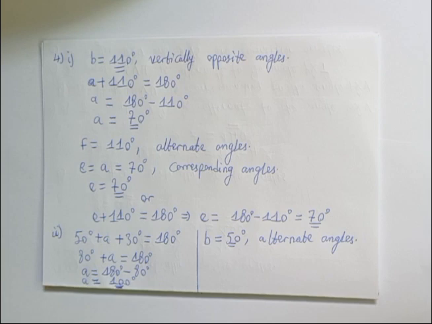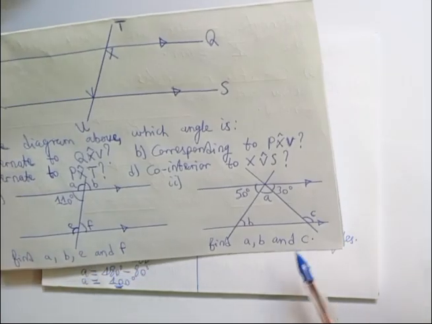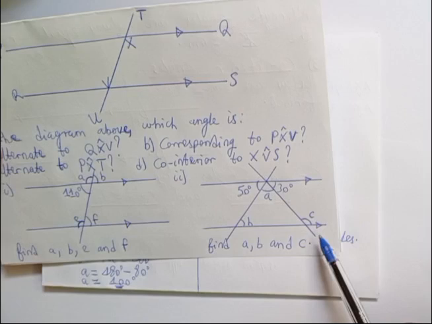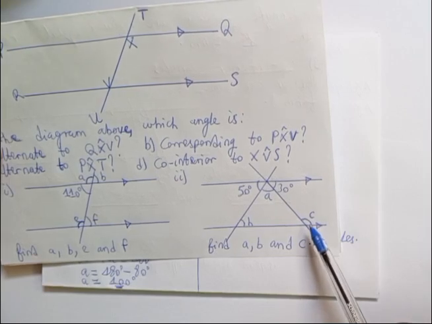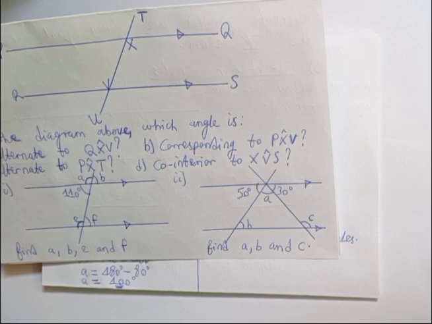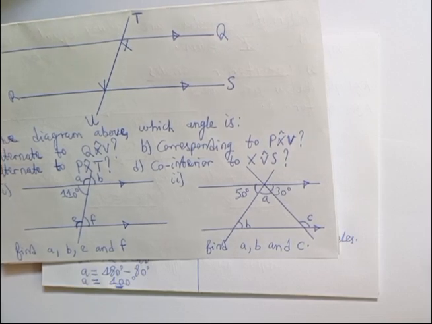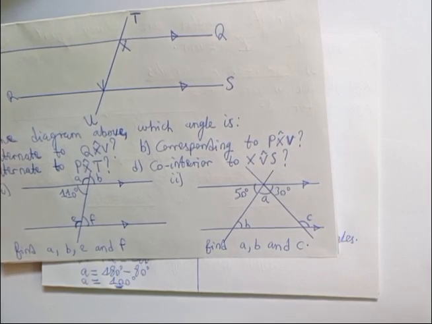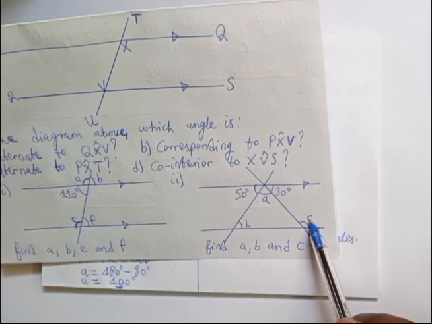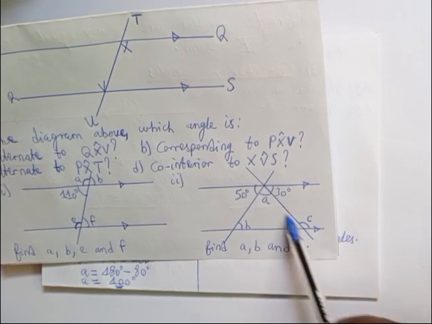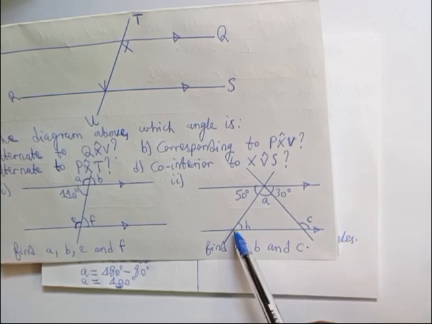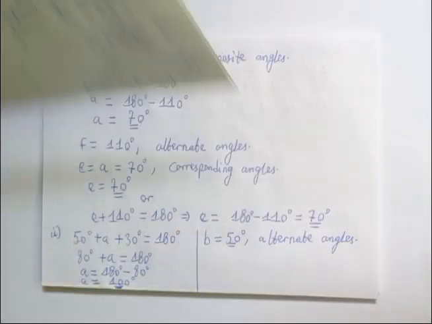Next, we have to find the angle C. We are going to make use of the fact that the angle C and the angle 30 degrees are co-interior angles. Or we can still make use of the fact that the angle C is an exterior angle and this is a triangle. We know an exterior angle is equal to the sum of the two opposite interior angles.